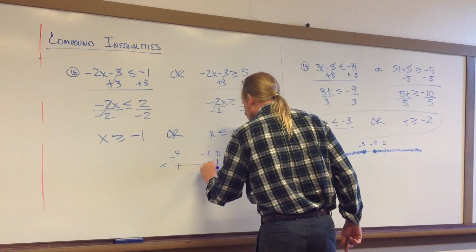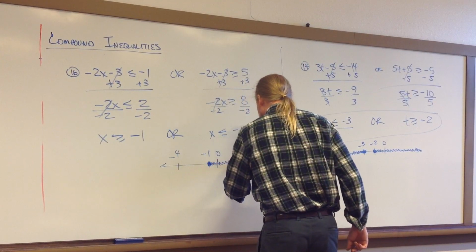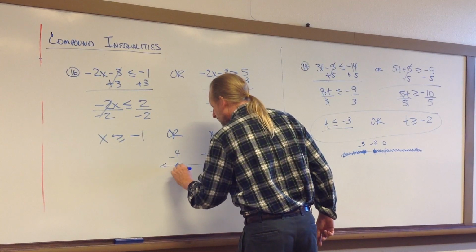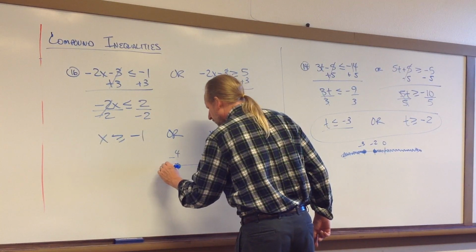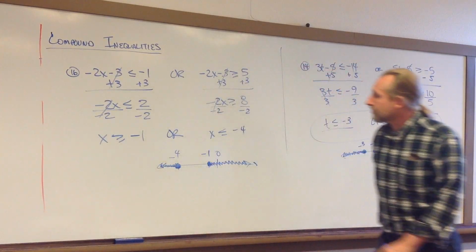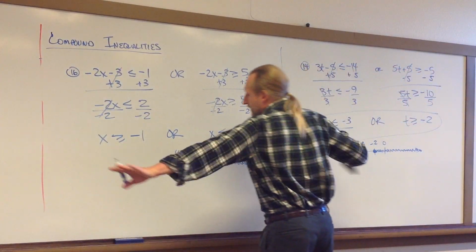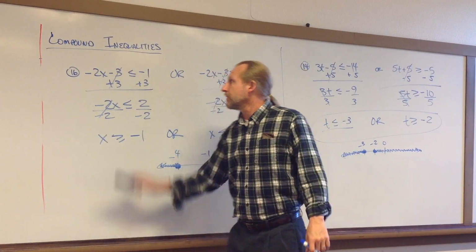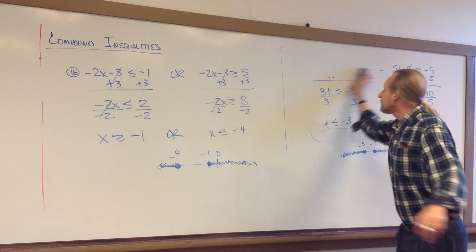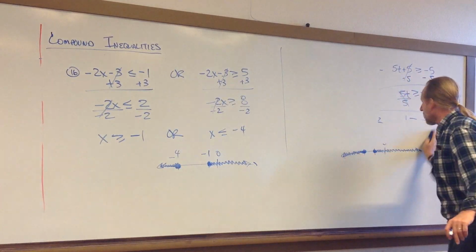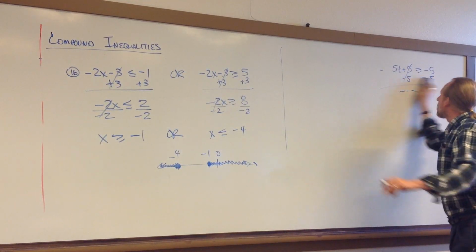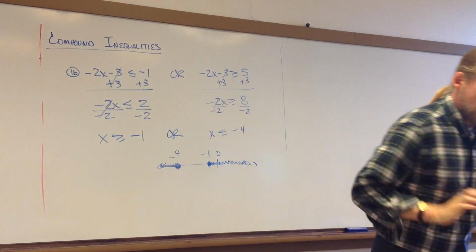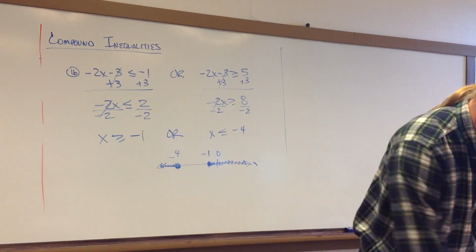So we want everything greater than or equal to negative 1, or everything less than or equal to negative 4. So there's our solution. It's just the numbers in the middle there that are not a solution for either one of those.